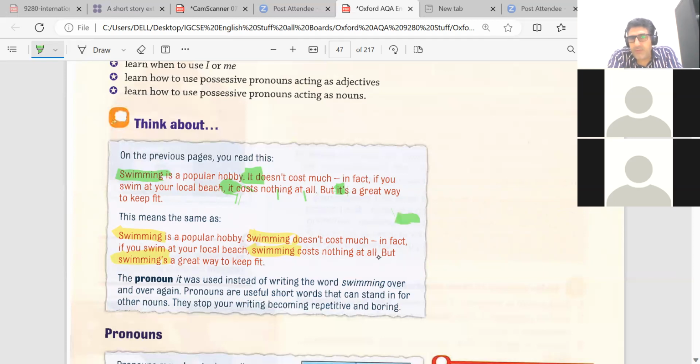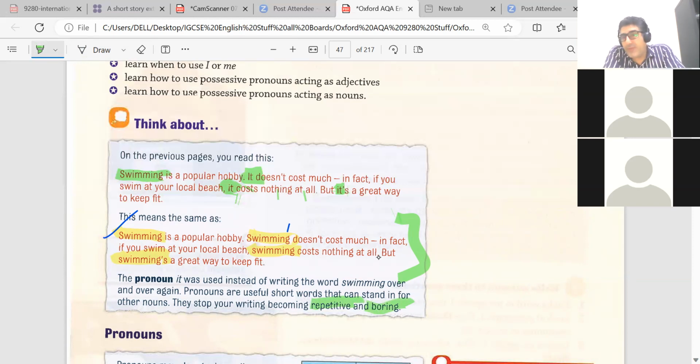But in the second paragraph here, look, how many times is the word swimming repeated? 4 times, here 3 times. Swimming the first time, this is normal. Look, swimming, swimming, swimming. In this way, your writing will be repetitive and boring. So this is really important, ya shabab, in using pronouns.